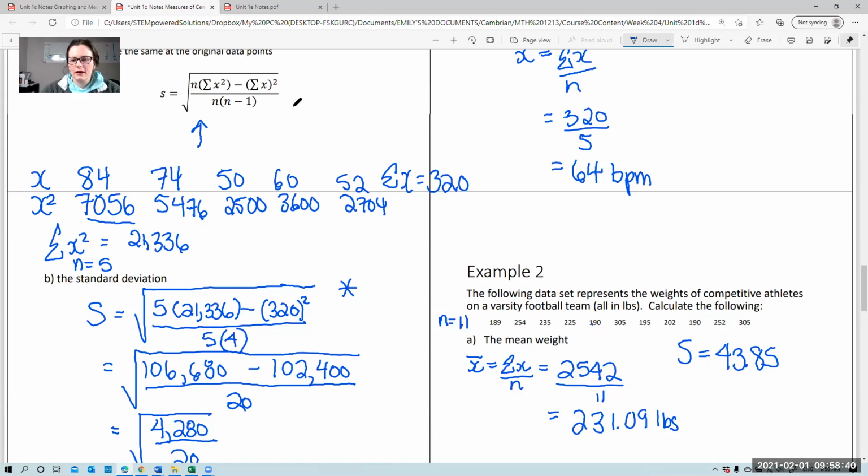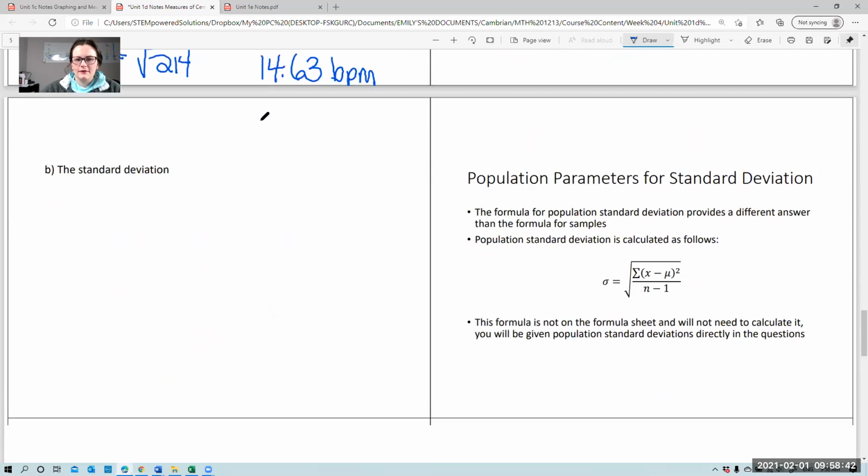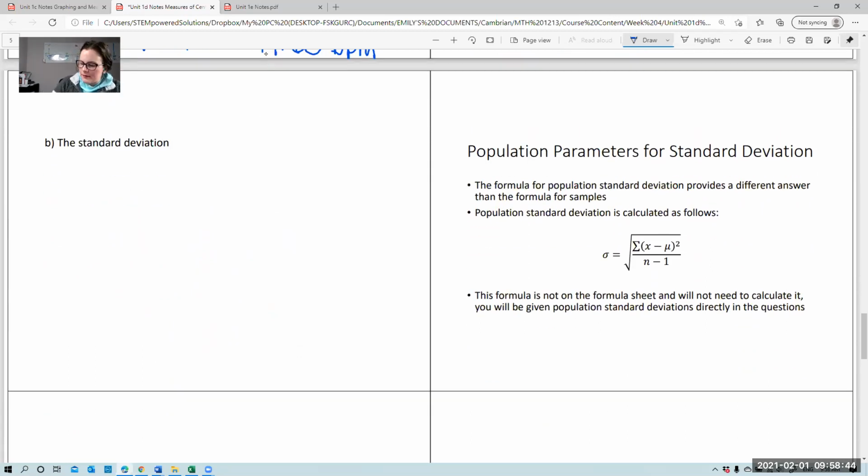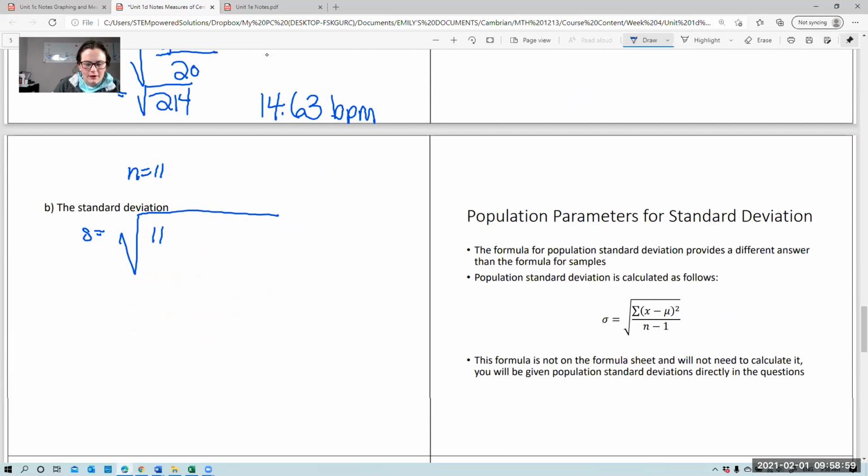Okay, so let's bring it all back. The standard deviation formula is going to be equal to 11, which is my n. My sum of x's squared is equal to 606,670.